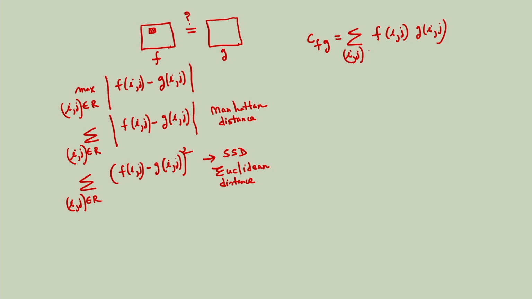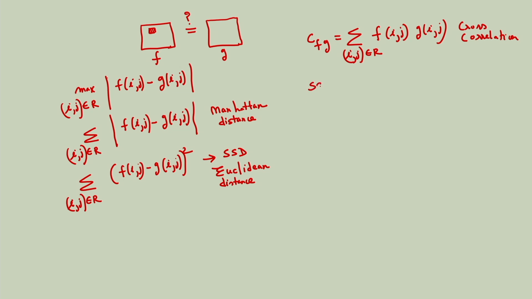And in this case also I am considering a window. So, one is the chessboard distance, one is the Manhattan distance, one is the Euclidean distance, and the cross correlation also I have defined.